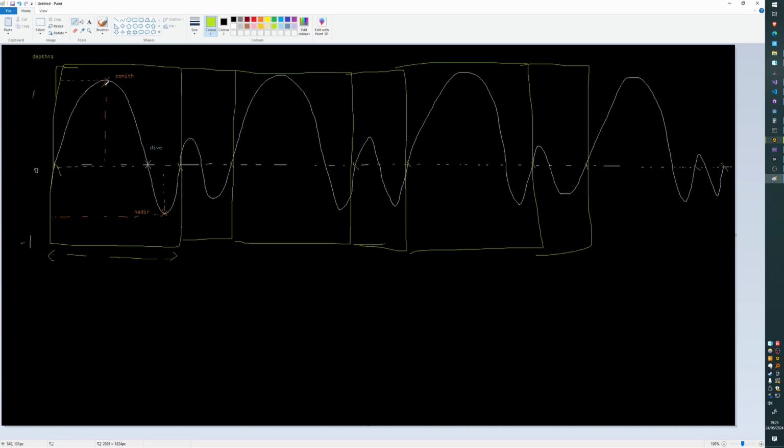So I've got two pieces of information here, 2 here, 1 here, 1 here. So 2, 4, 5, 6 pieces of information that I'm going to compare with the adjacent wave cycle.